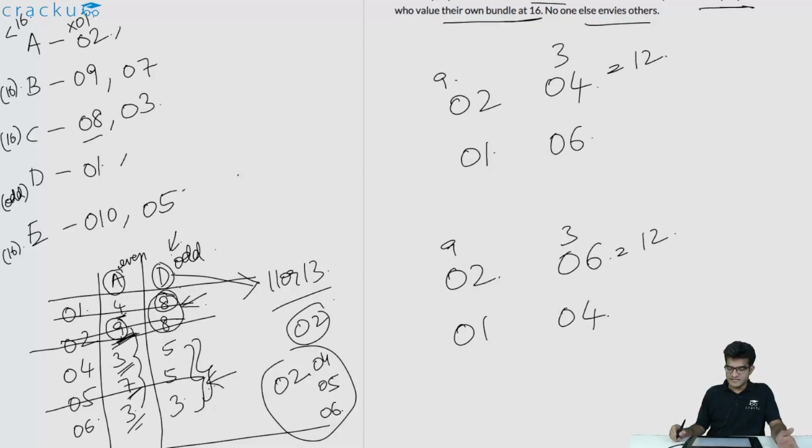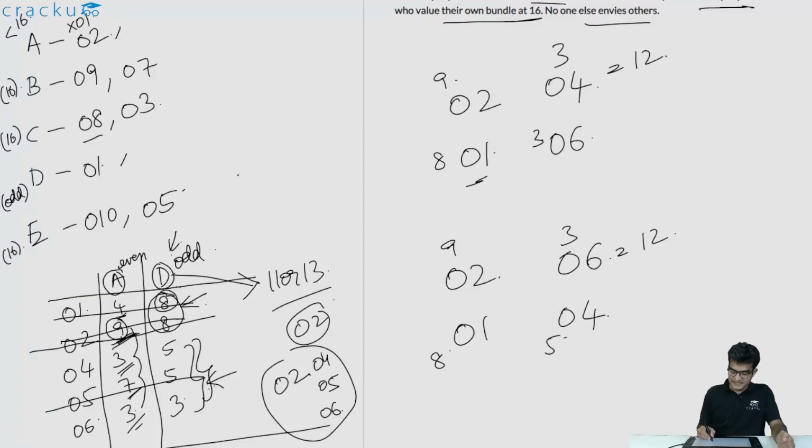In case of Disha, she values O1 at 8, and O6 she values at 3, and O4 she values at 5. Now here another idea should strike your mind. You don't want Disha also to be jealous of Amar.